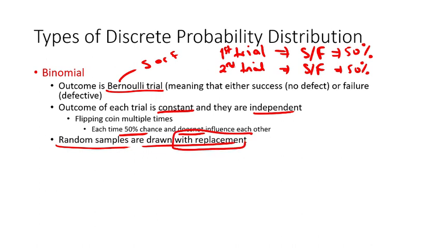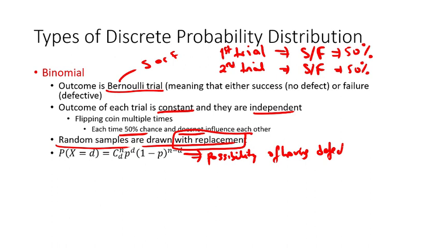This is important. We just replace the samples back. And then the possibility of having defects in a randomly drawn sample is this formula, and the D is the number of defects.